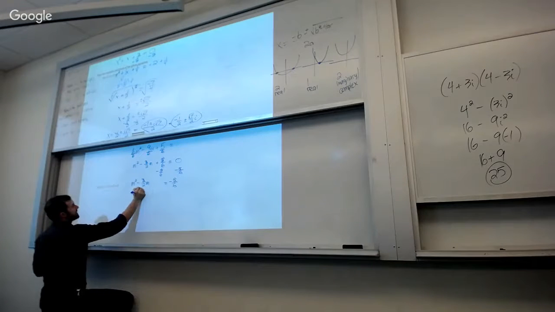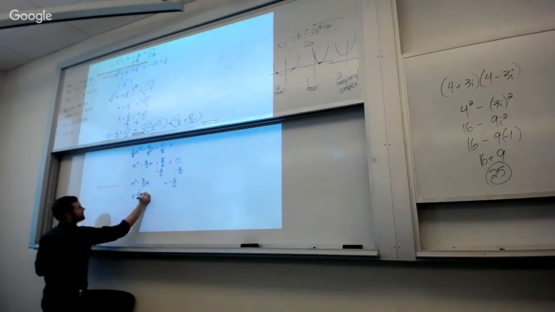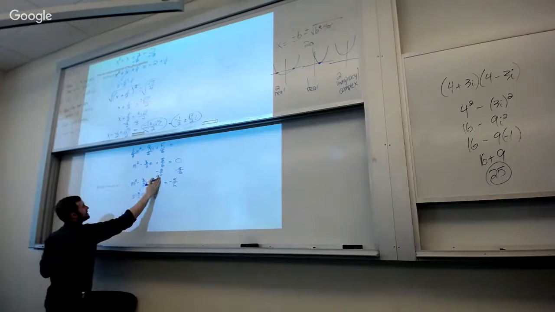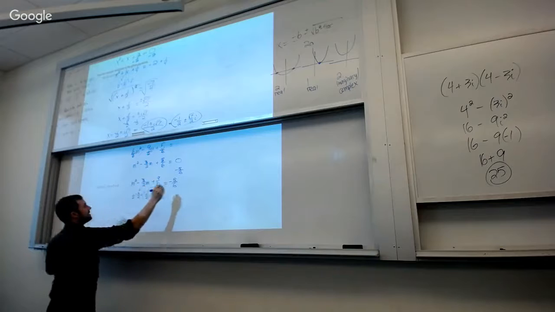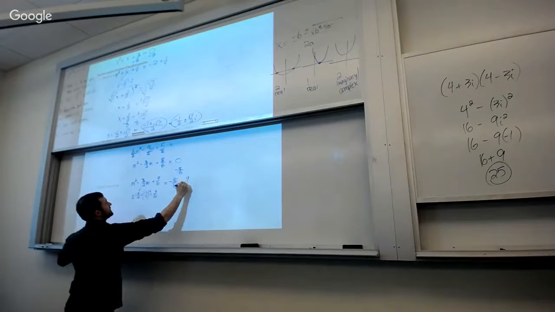Yeah, so we take negative 3 halves, and we divide it by 2, which means multiply it by 1/2. And that gives us negative 3/4. And then we do what to it? Square it, and that gives us 9/16. And that's the number we add to both sides. So plus 9/16 and plus 9/16.